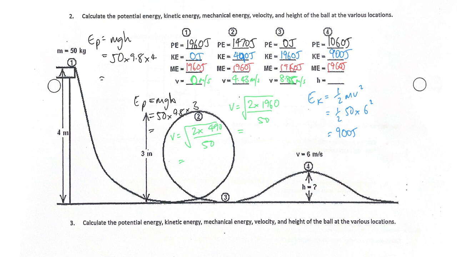So now how do I work out the height? I have to rearrange the equation. Who remembers the rearranged equation? Height equals EP over mg. So I substitute that. So I write out 900 over 50 times G. Is that right?